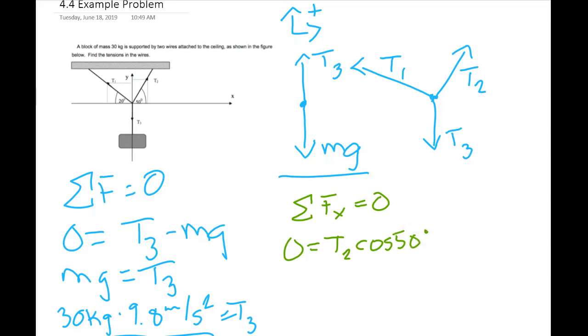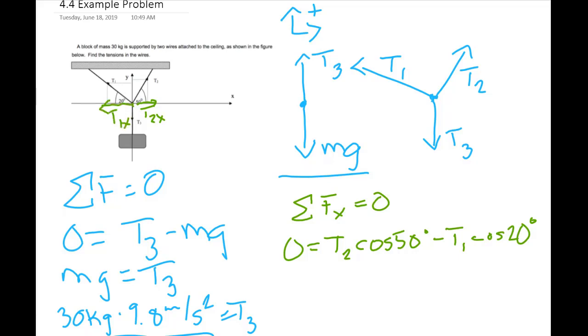As we see in this problem right here, there's my T2x, and the angle is 50 degrees. So that's why I'm using cosine of 50 degrees, minus T1 cosine of 20 degrees. There's my cosine of 20 degrees, there's my T1x.